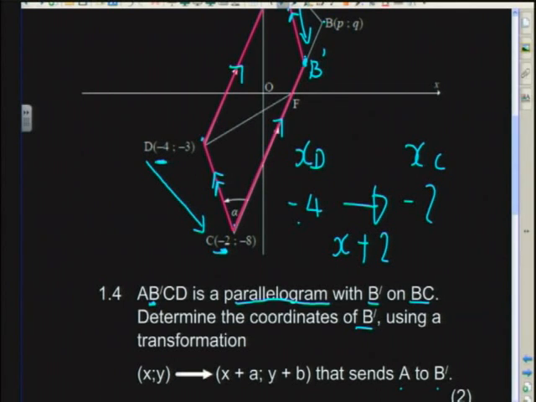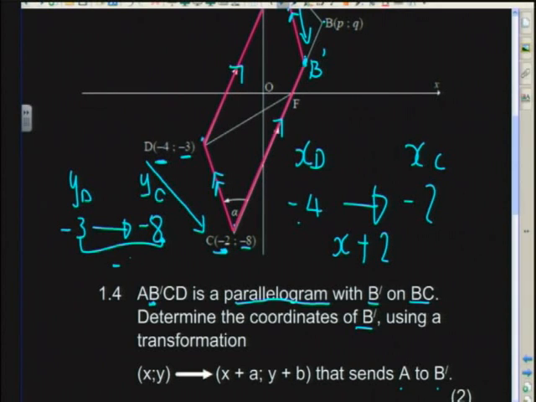All right, then similarly we look at the y coordinate at D. That now is -3, and we're trying to see how we get it to -8, which is the y coordinate at point C. So if I'm going from -3 to -8, what do I do to the y value?